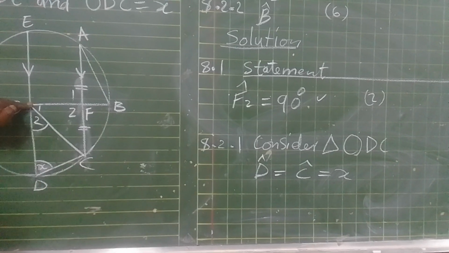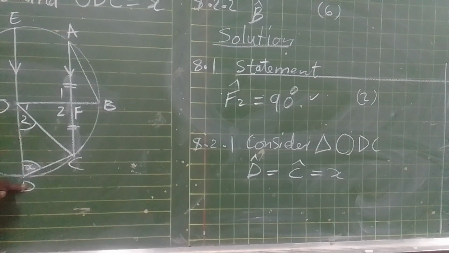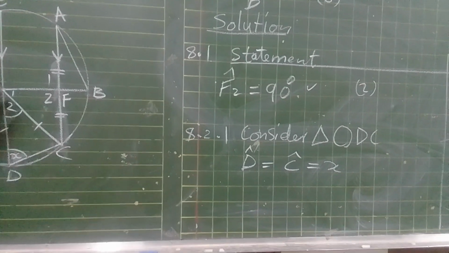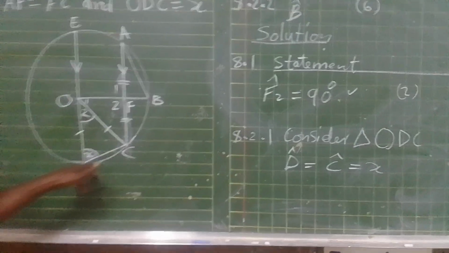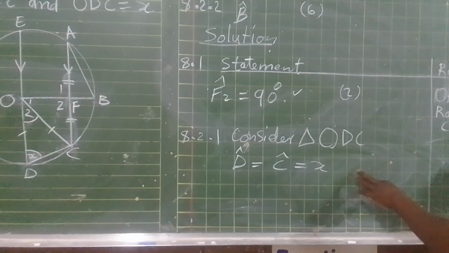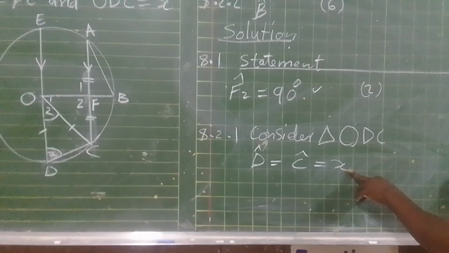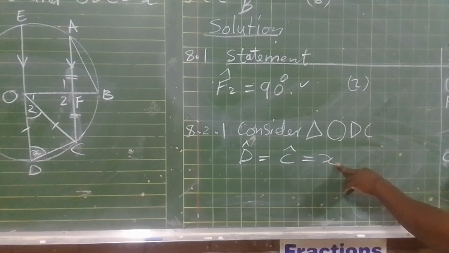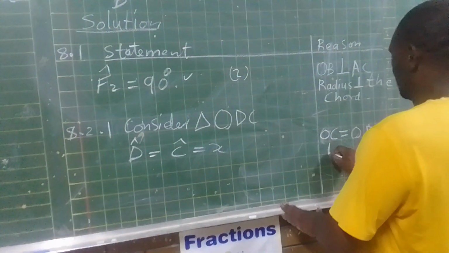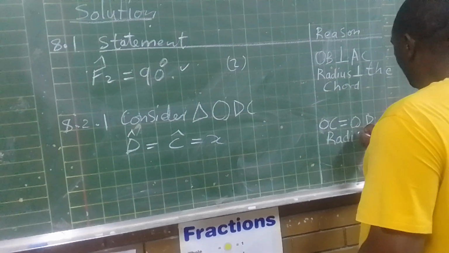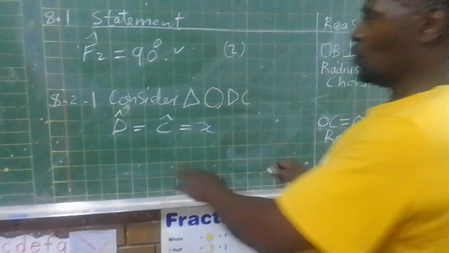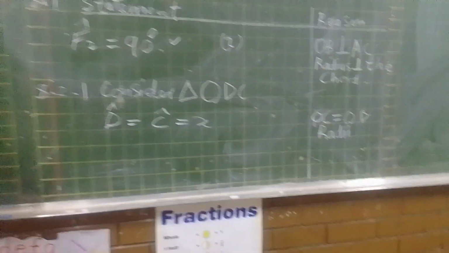OD is a radius from the center to the circumference. That tells us that this triangle ODC is an isosceles triangle with base angles equal. Therefore, OC is equal to OD, radii. They are all radius. Now we know that this angle is equal to X as well.